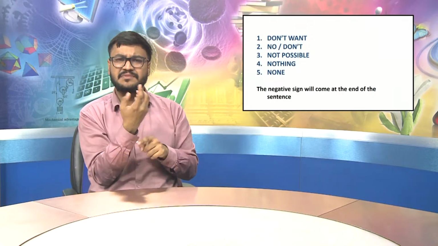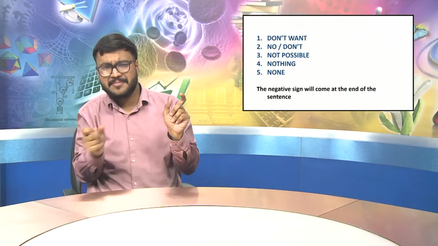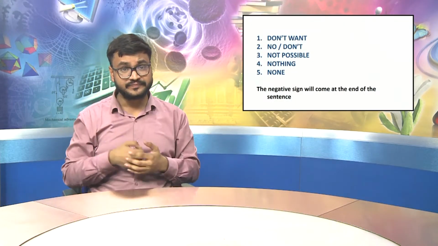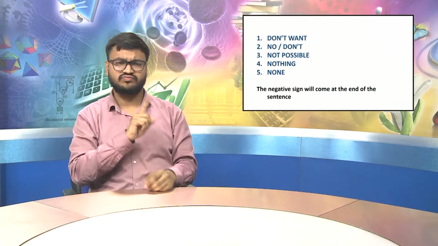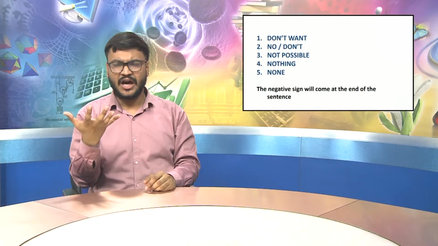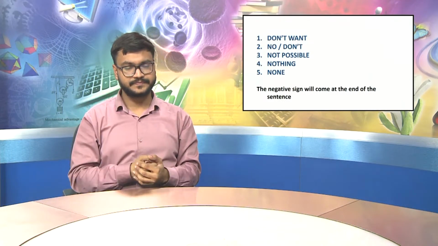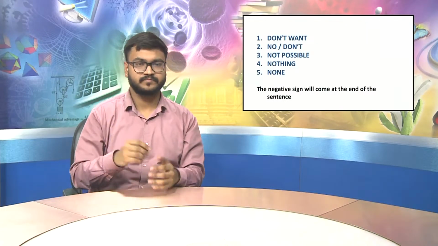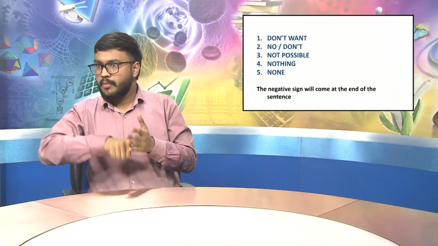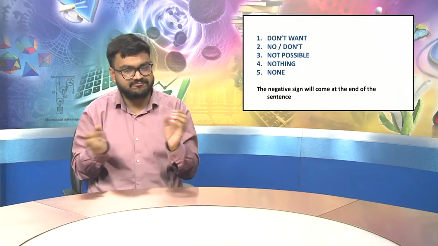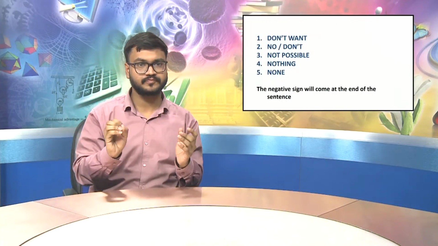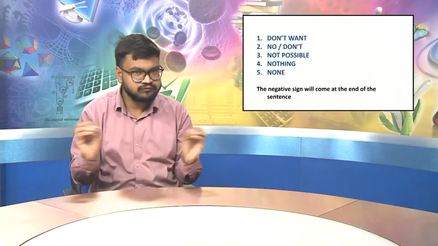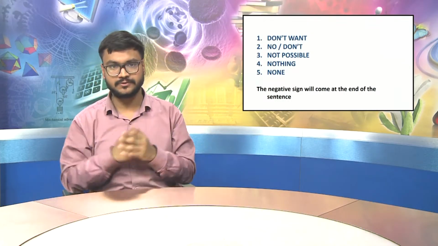There are many signs related to negation. For example, you can see on the screen, first, don't want. Second, no and don't. Third is not possible. Fourth is nothing.